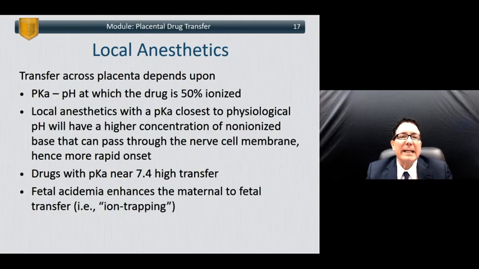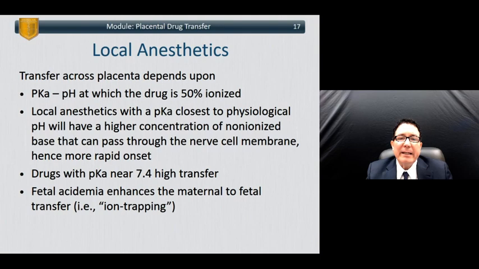What about the local anesthetics? The transfer across the placenta depends on the pKa, which is defined as the pH at which the drug is 50% ionized. So any local anesthetic with a pKa closest to physiological pH will have a higher concentration of non-ionized phase that can pass through the nerve cell membrane, hence more rapid onset.